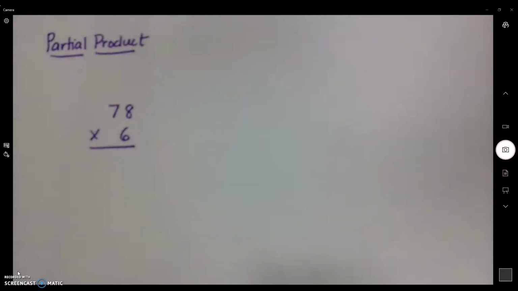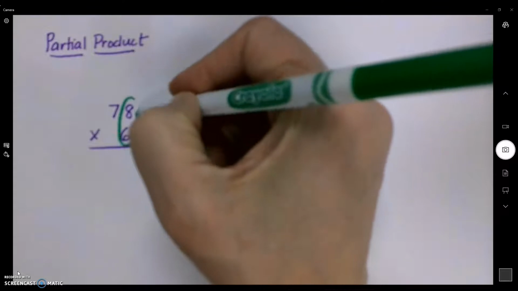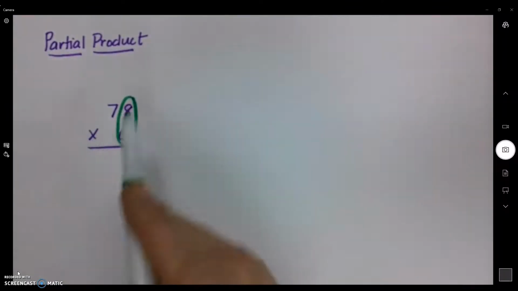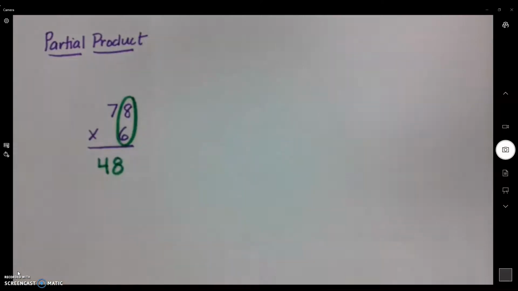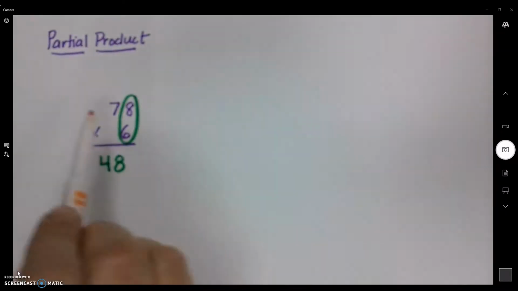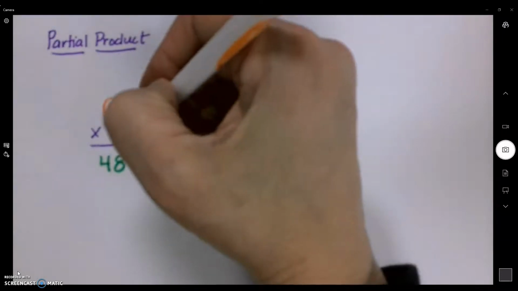So I'm going to start here with my ones. I'm going to circle my ones, and I know that 8 times 6 is 48. Easy peasy. And then I'm going to move over, and I need to multiply everything by this ones place over here.